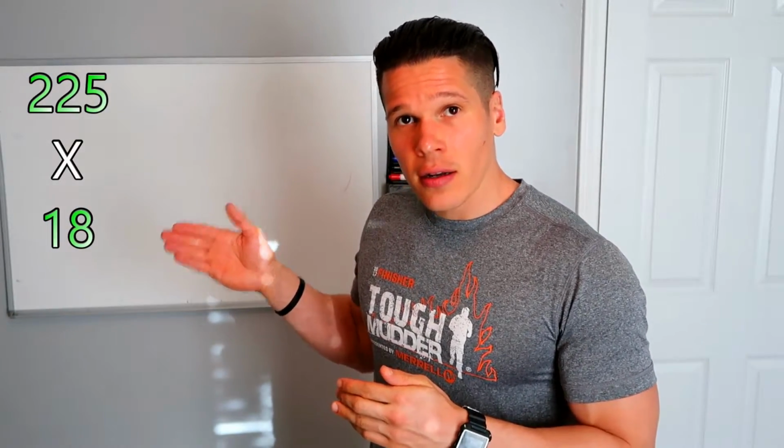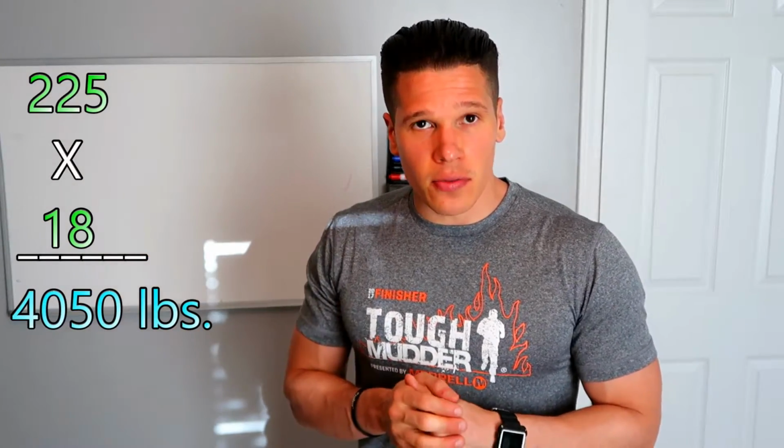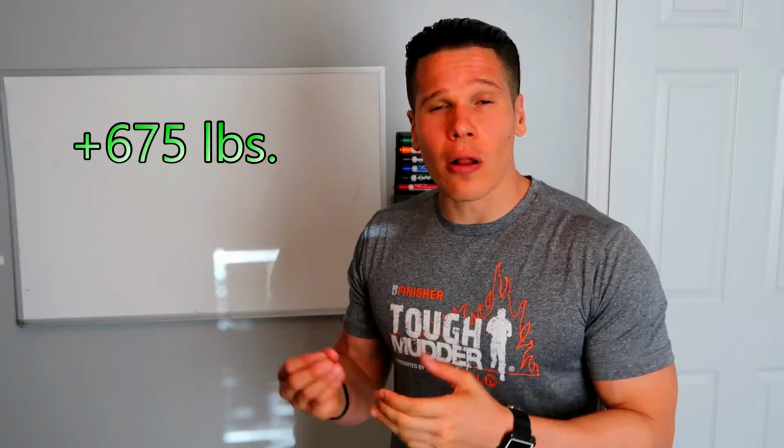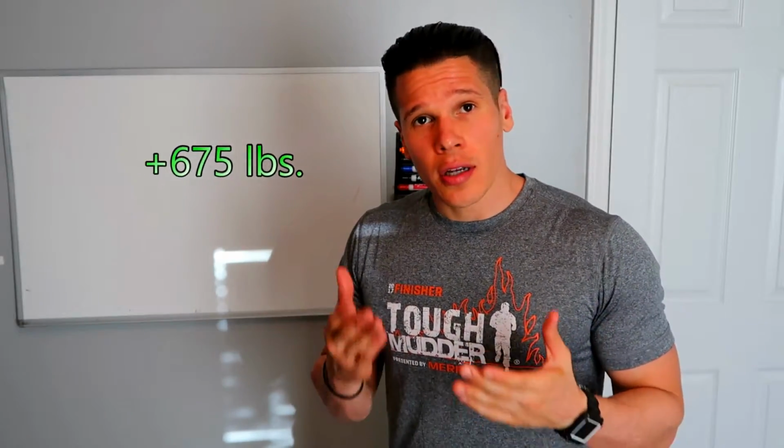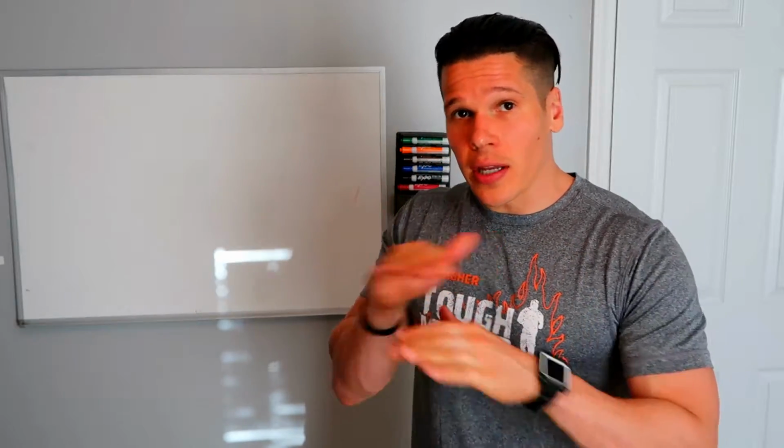So by adding another set, totaling now 6 sets of 3, which will now equal a total of 18 reps. So 225 times 18 is now equal to 4,050 pounds of volume. That's an increase of 675 pounds of total volume being lifted, which is a form of progressive overload by manipulating volume in isolation alone. You tracking?